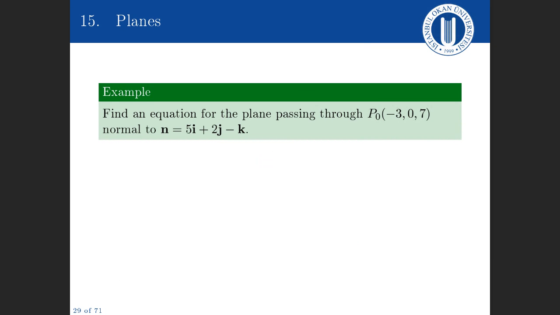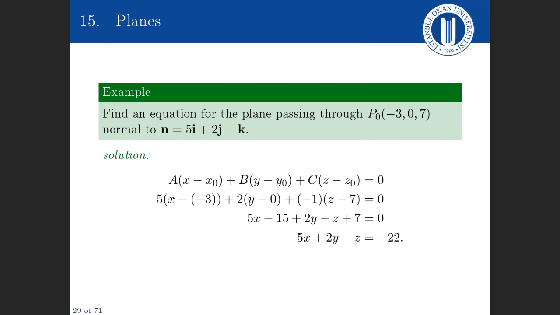So, for example, find an equation for the plane passing through the point minus 3, 0, 7, normal to n equal to 5i plus 2j minus k. We need to put the numbers into the standard formula and then rearrange. First, let's do n.